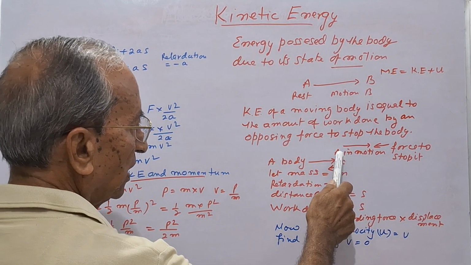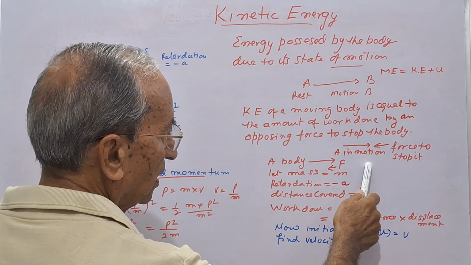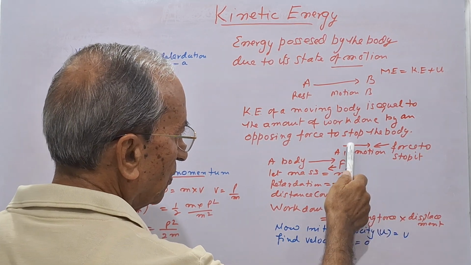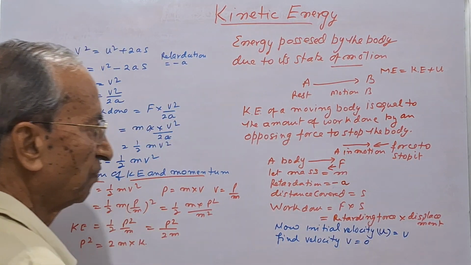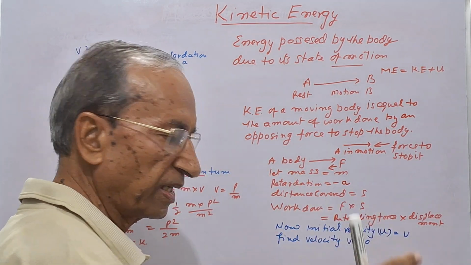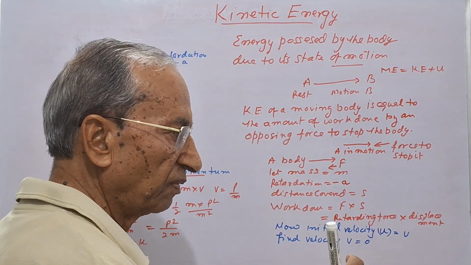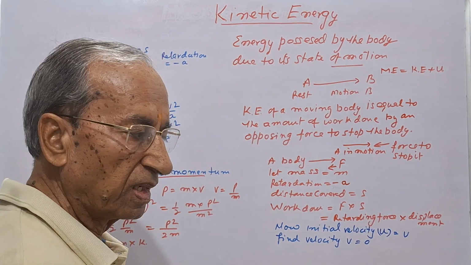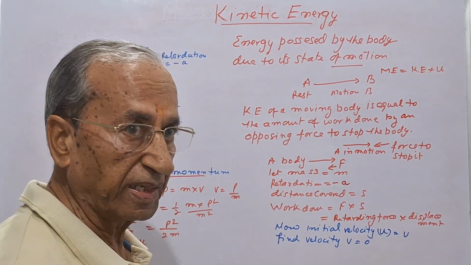Suppose an object is in motion and a force is applied in the opposite direction to stop it. While the force is applied, there will be retardation and the object will cover some distance. Retardation means acceleration will be negative.